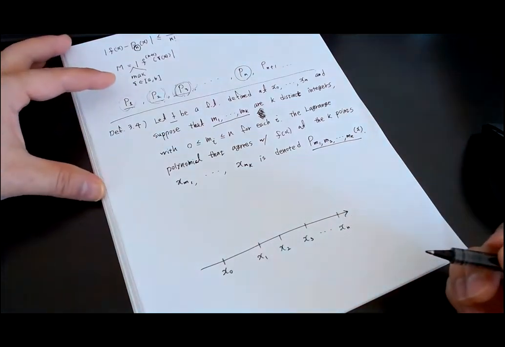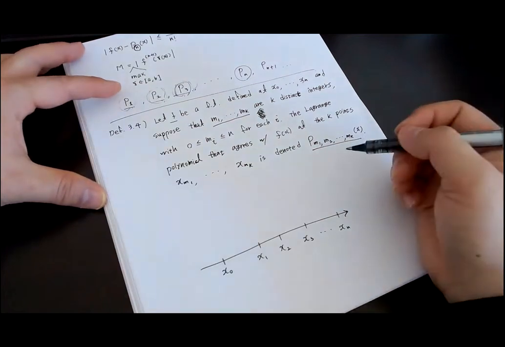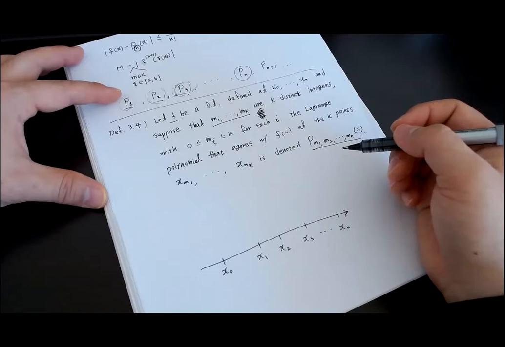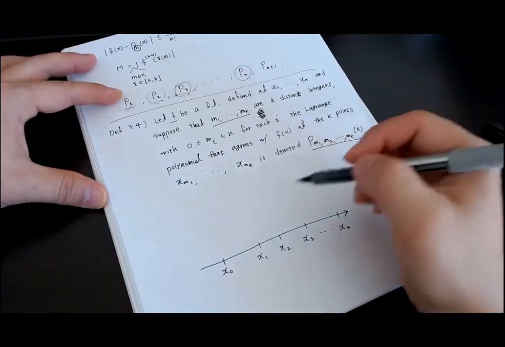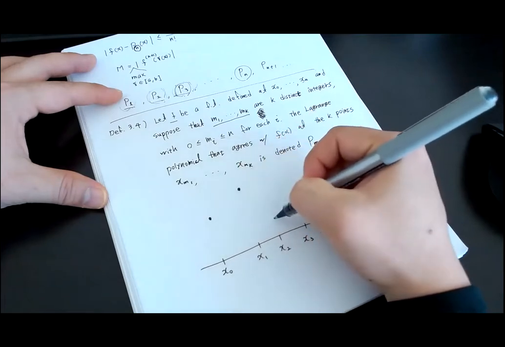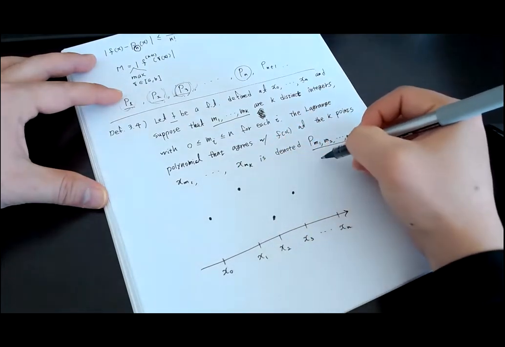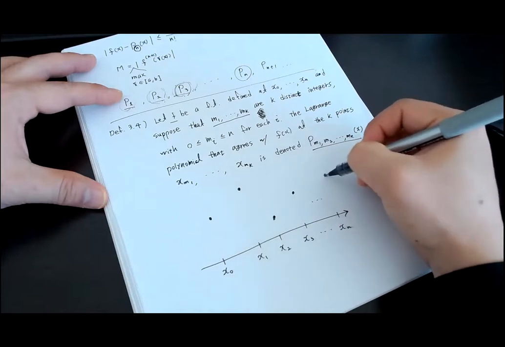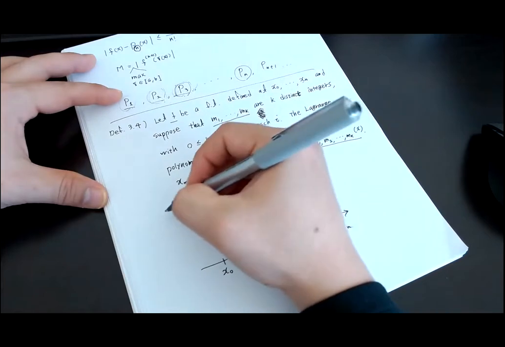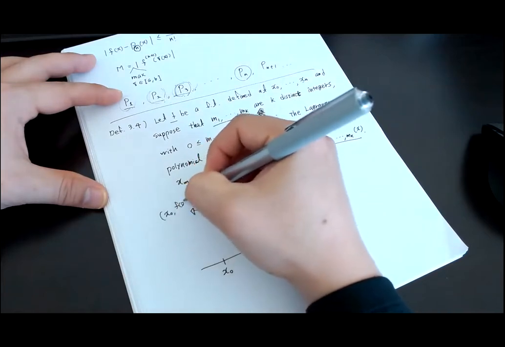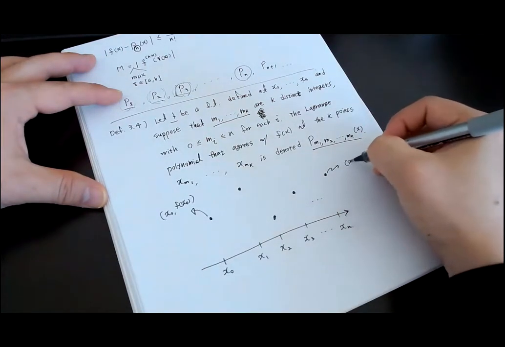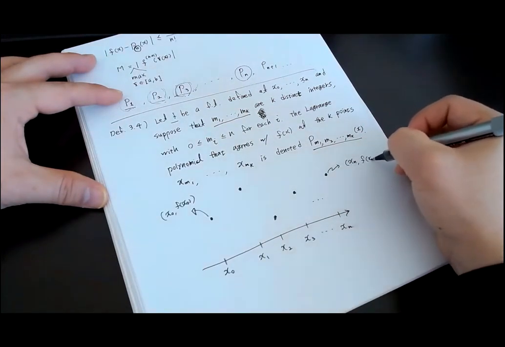Now we know the function values at each node, so maybe right here, and here, and here. The coordinate of the first point is x0 comma f of x0, and the coordinate of this one is xn comma f of xn.